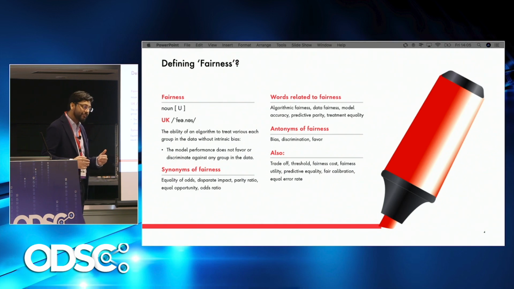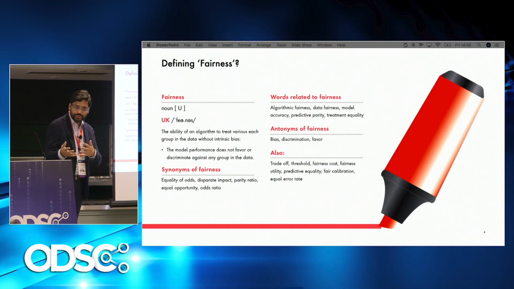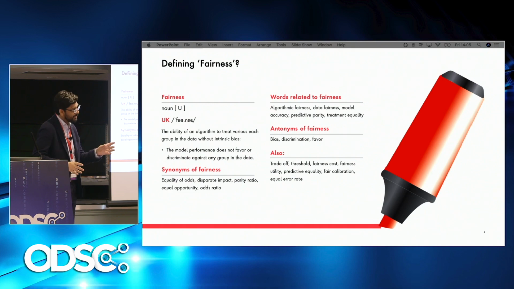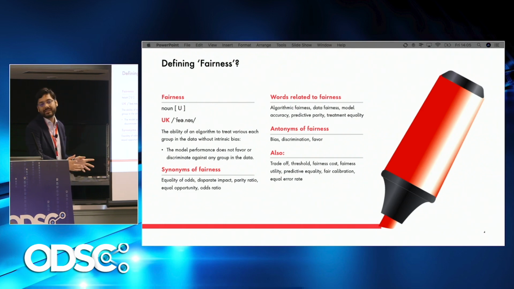Now, what if you open the model and start seeing accuracy for different groups? If you see accuracy for married men and single women, or married men and divorced women, you will find the accuracy of the model is 95 for men and maybe 85 for women. Now that is where bias comes in, right?